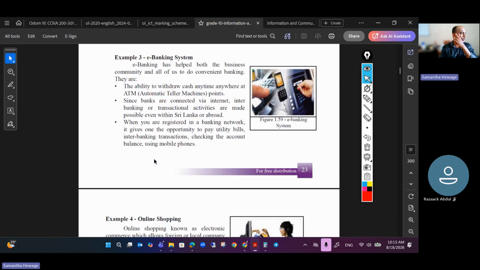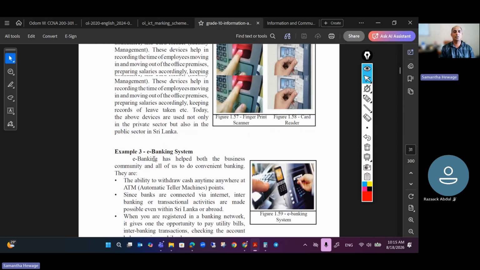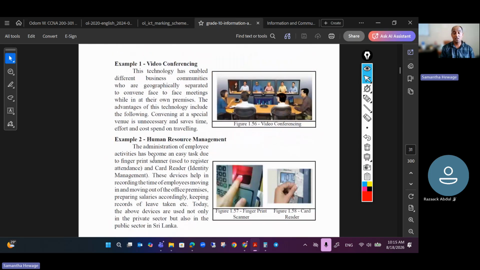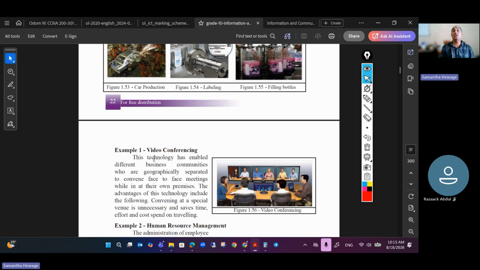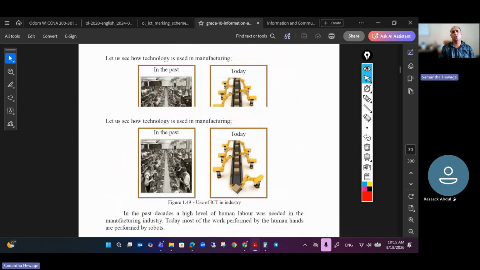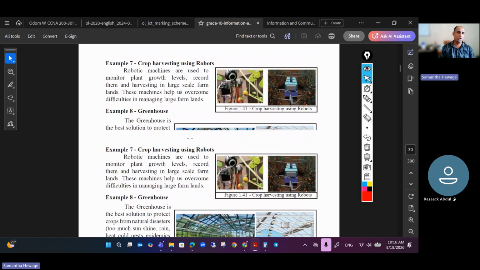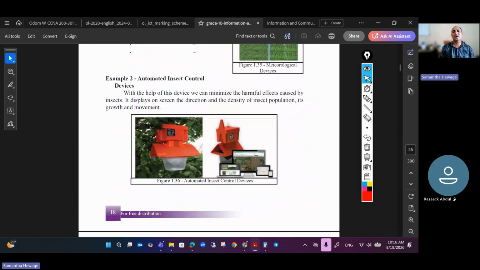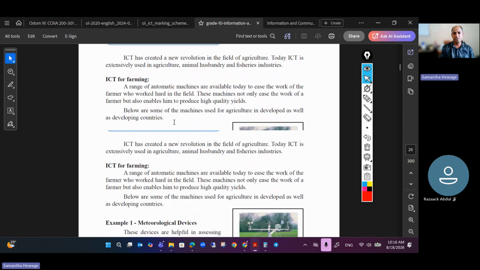Then we have G2G, government to government. Then we have G2B, government to businesses. And we have G2E, government to employees. Those four points you should know. Definitely a question comes to you all in the 2026 paper. Right? It is obvious.